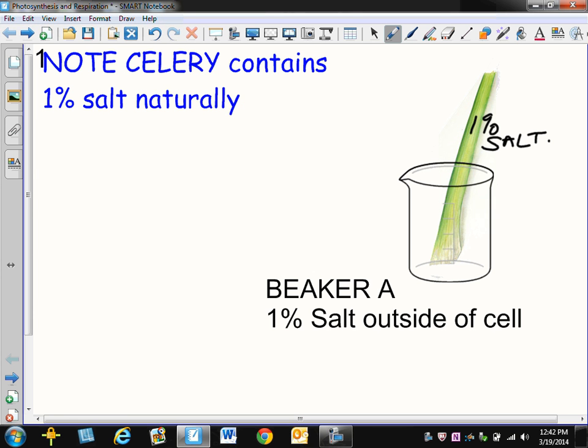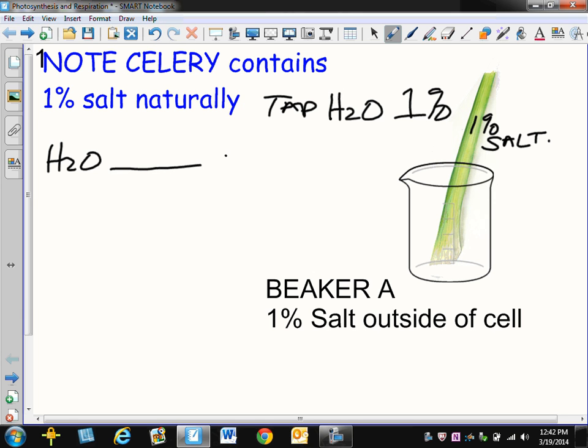And I called the town of Herndon and asked them what the salt percentage in tap water was. Tap water is 1%. All right. What is the H2O amount outside of the cell?